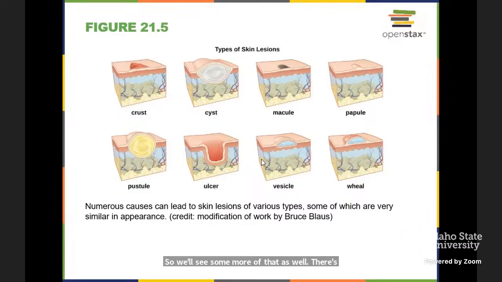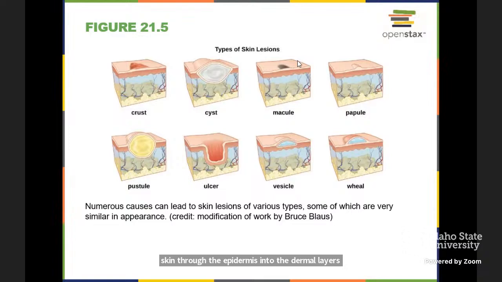There's all sorts of different types of lesions. We'll see a little of this as we progress through, but this is just showing us a quick overview of some of the manifestations that we might be able to observe on the skin. So from crusts to ulcers and everything in between, it can be on the surface or moving through layers of the skin, through the epidermis into the dermal layers.